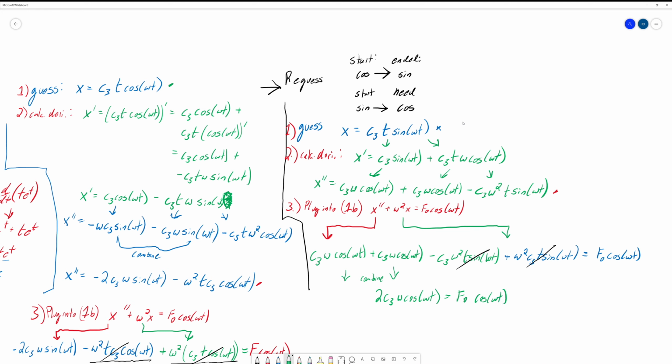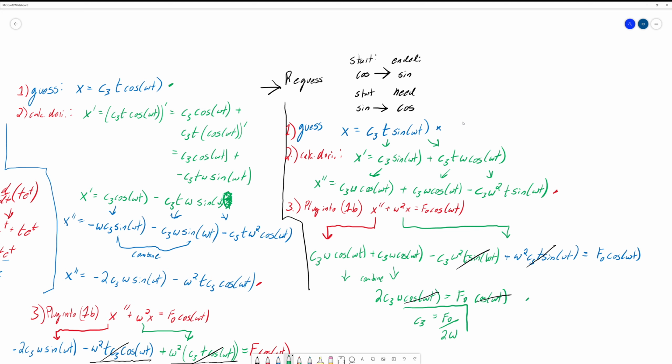And this is great because we can see that we can have this equation be true if we cross out the cosines, and if we have C3 equal to F naught divided by 2 omega, then this equation will be true.